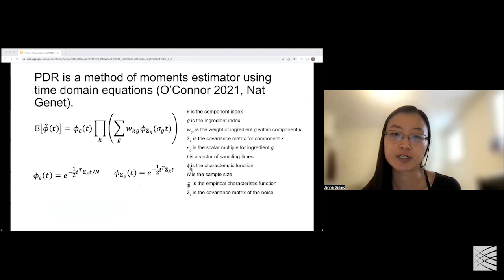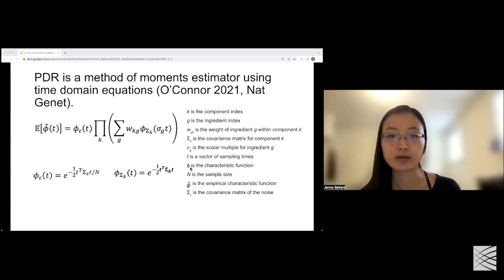So here's the estimation equation. It is a method of moments feasible generalized least squares estimator that uses time domain moment equations. It performs moment matching using gradient descent. The main thing being estimated here is the heritability explained by each component.